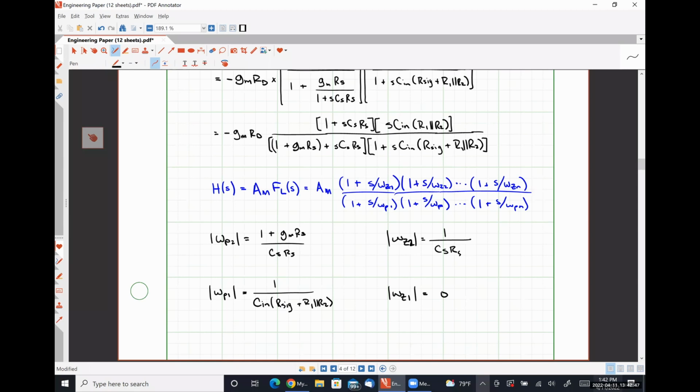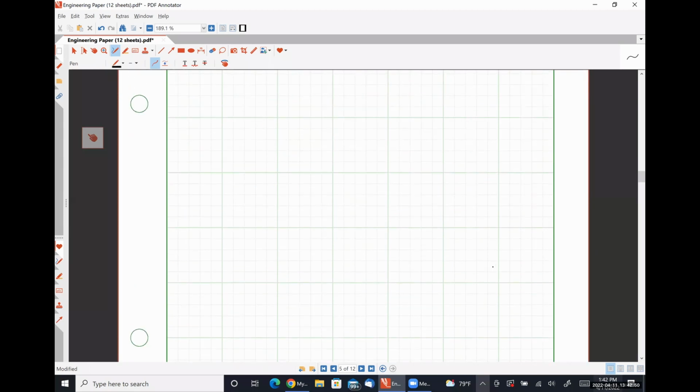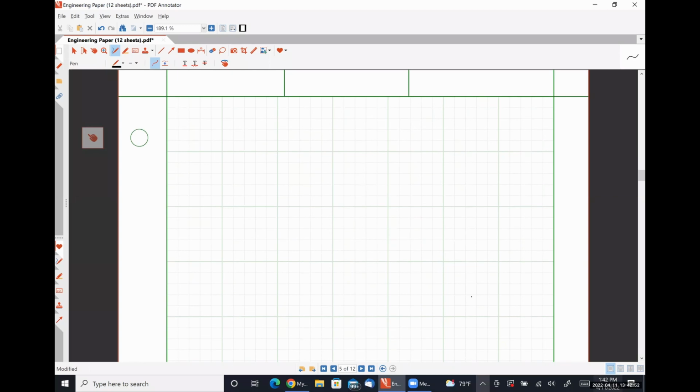So if we were to reconstruct our frequency response from this guy, what we would find is a graph that looks something like this. So here's omega. Let's call this omega P1.